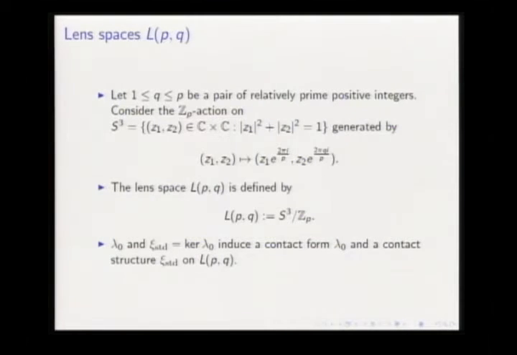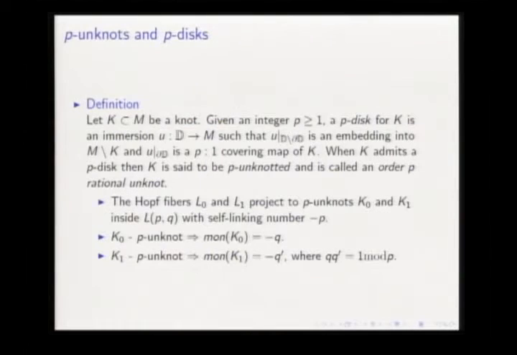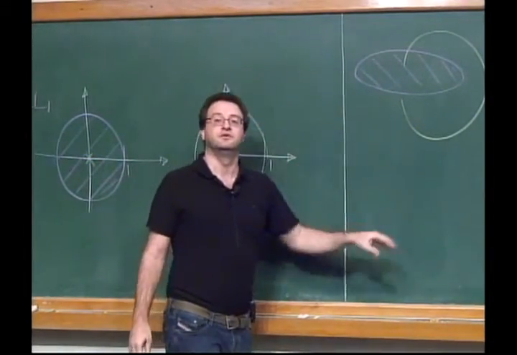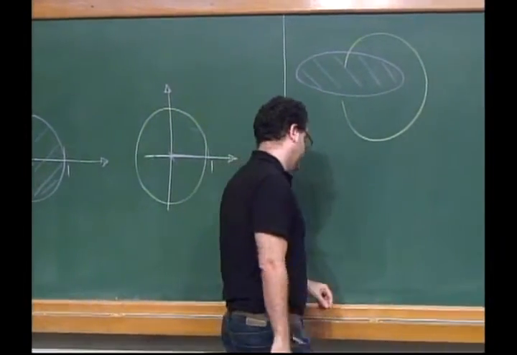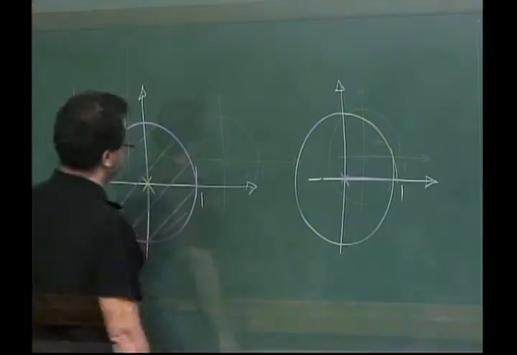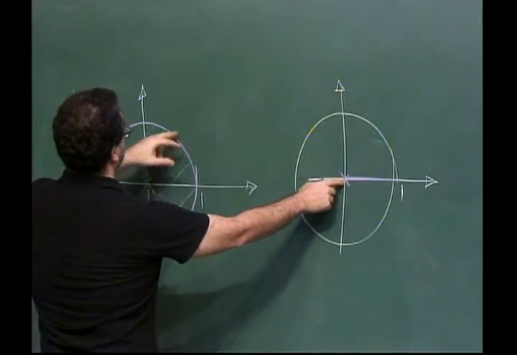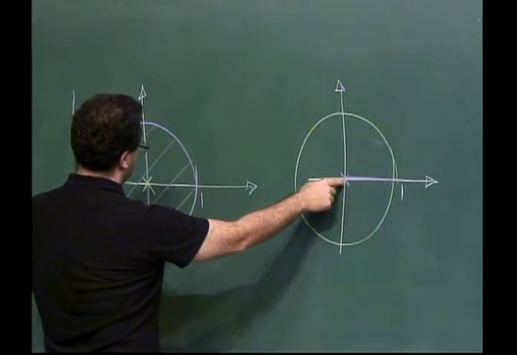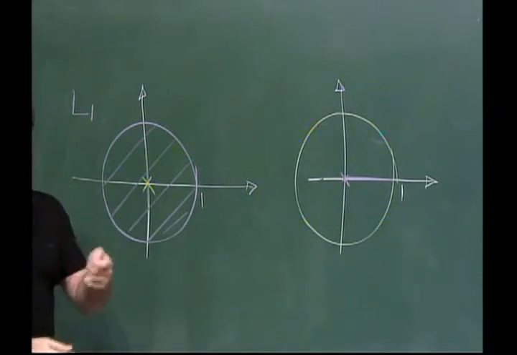So the question is, what happens with this picture when we go to the lens space? So this orbit here, there will be P points which will be identified.